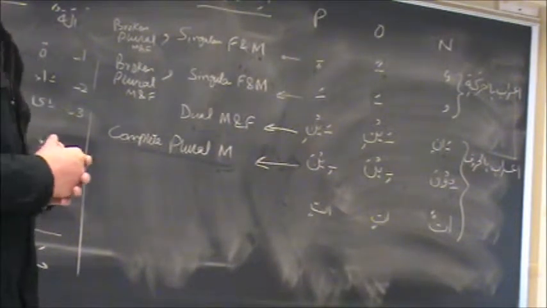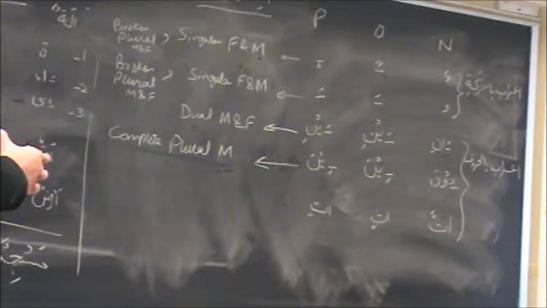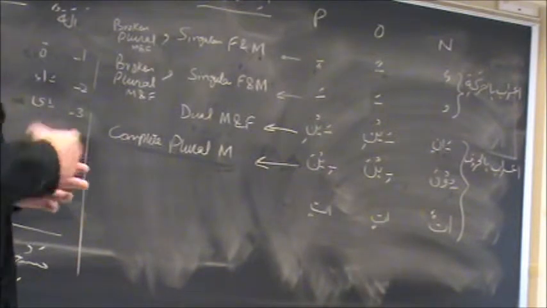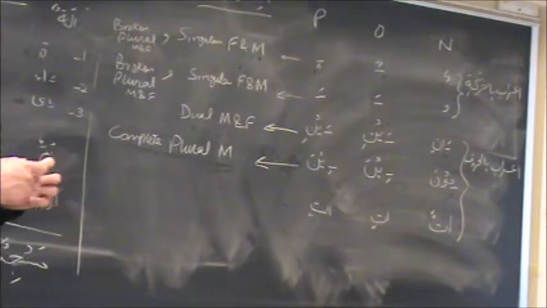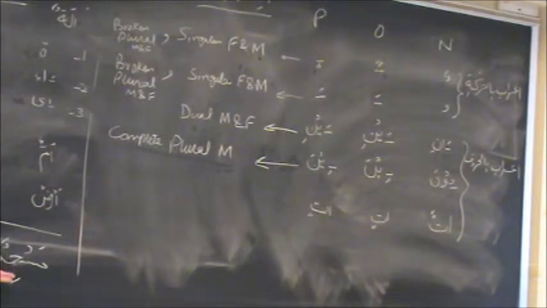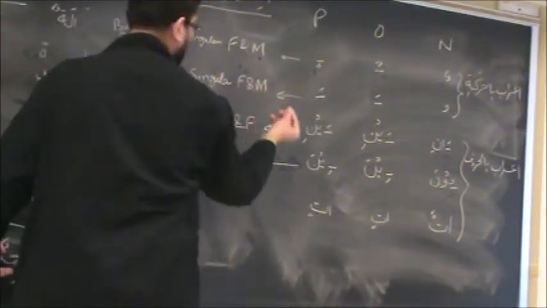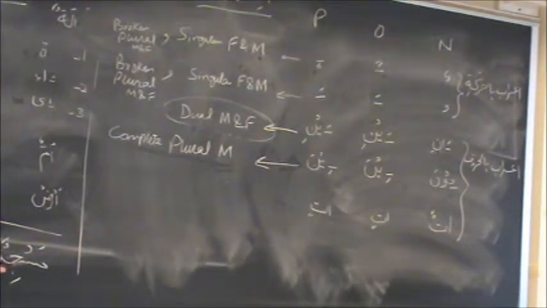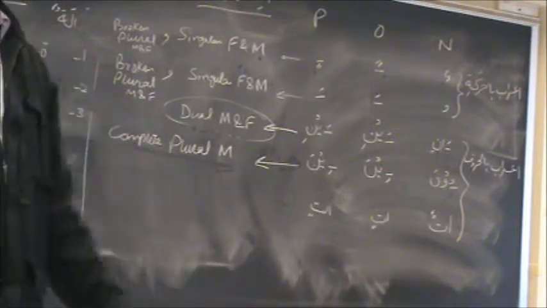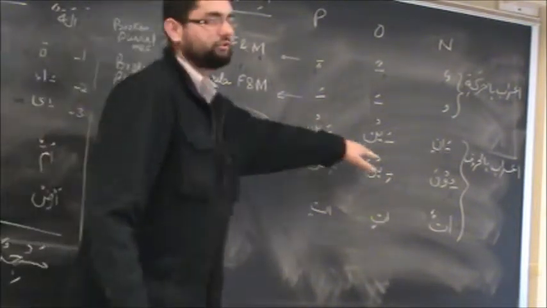What about the broken plurals when they're in dual form? Oh, plural can't be in dual form, right? I mean, masjidun. Oh no, for dual, it will be here for both masculine or feminine. So masjid, whatever it is, masculine or feminine, we don't care because for both we use the same word.